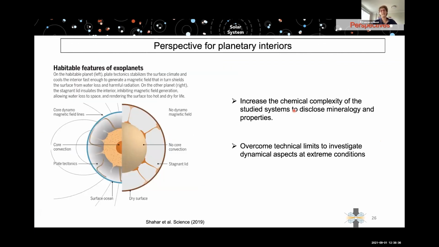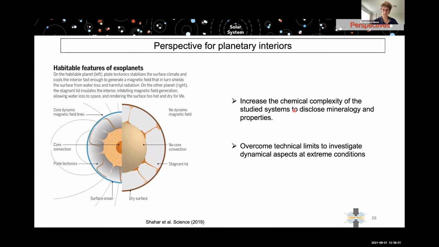But then if we want to speak about the future, as I was saying, and as everybody said, everything is related in planets. So the surface interacts with the deeper layers by tectonics and other conditions. And what happens in the deep Earth or in the deep interior of planets also affects the evolution of the whole planets.